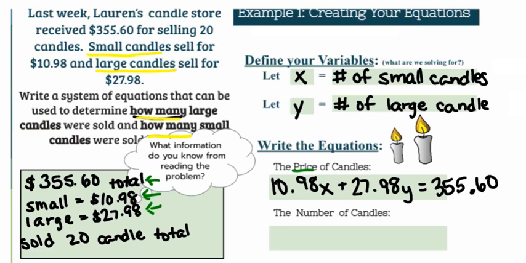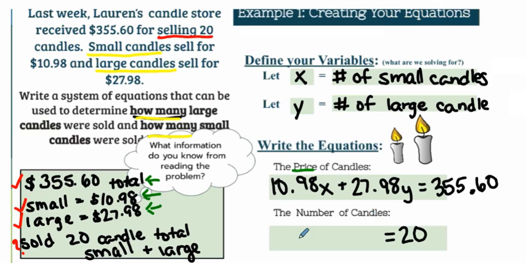Now, looking back at the information we know, I used this number, this number, this number, but we only have one number left. This is a very interesting piece of information because it tells us a lot without giving us a lot of information. If we know that we sold a total of 20 candles, without saying it, this is really telling us that this is the amount of small candles plus the amount of large candles.